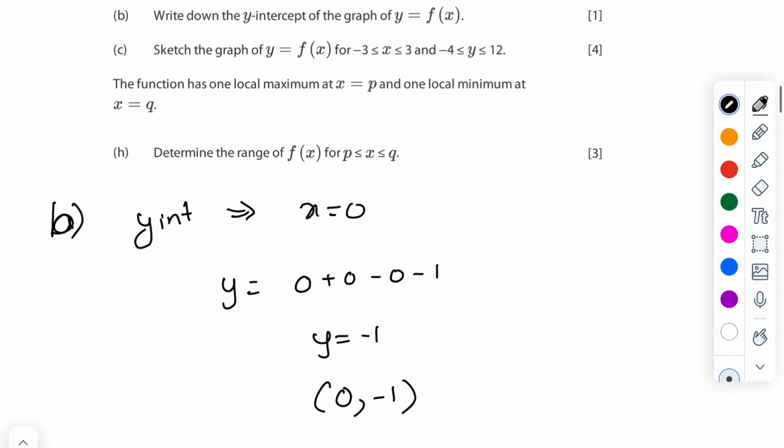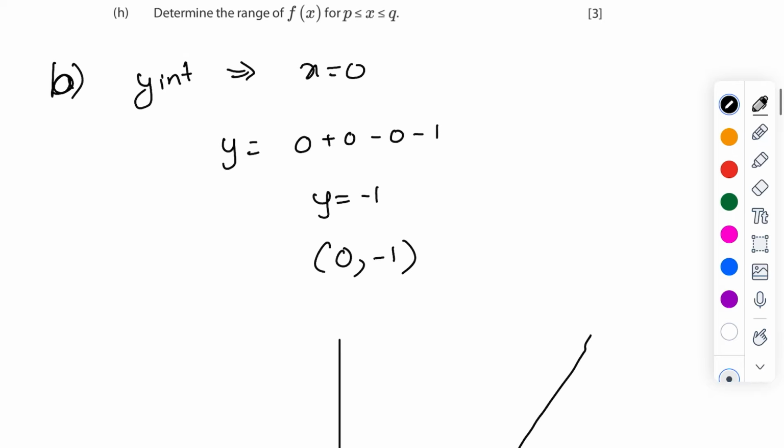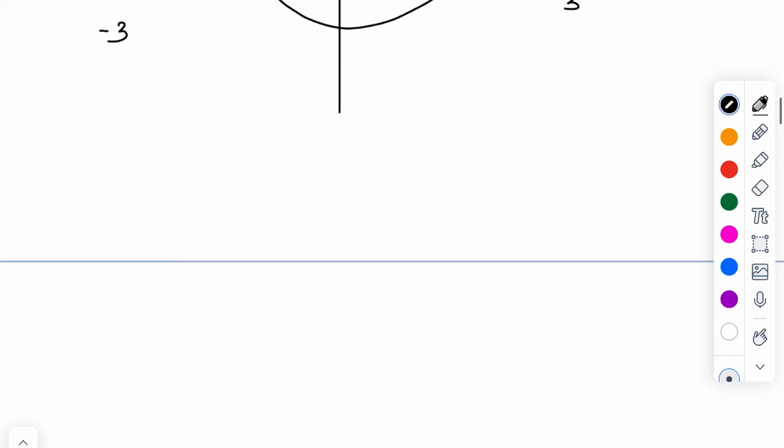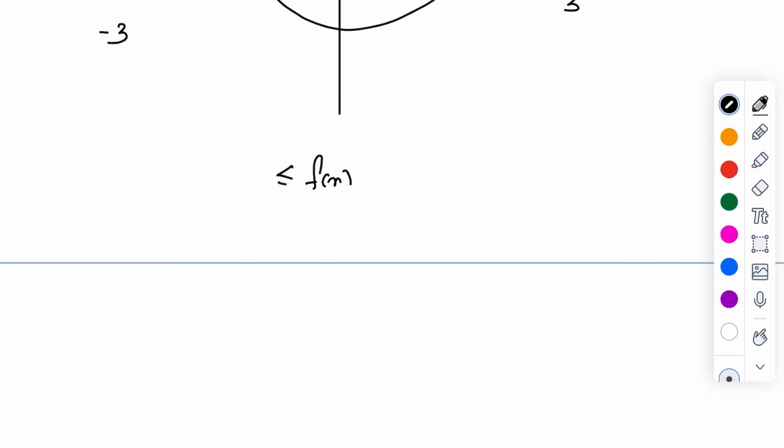Then the function has one local minimum point at x equals p and a local maximum at x equals q. Determine the range for f of x, p less than or equal to x less than or equal to q. If you are using the GDC, then you should directly get it. F of x should lie between negative 1.27 and 1.33.